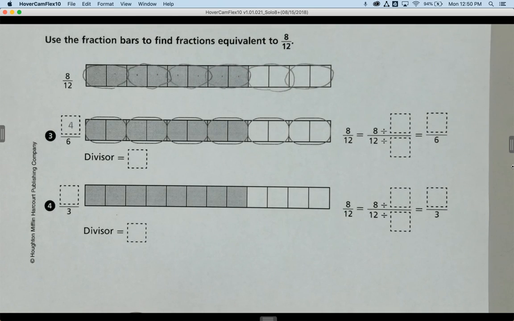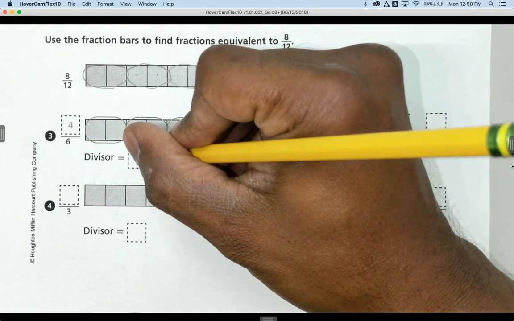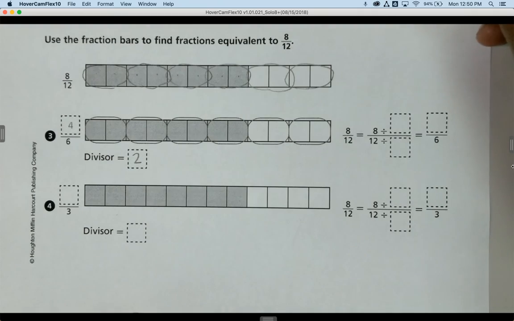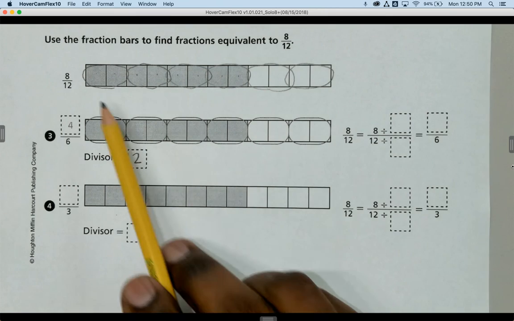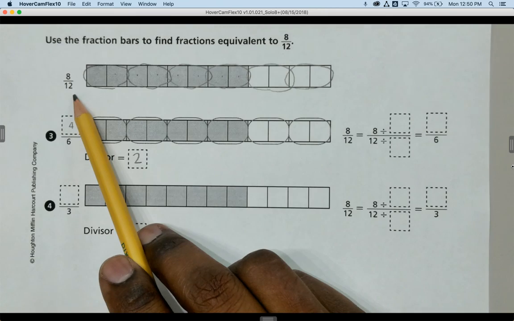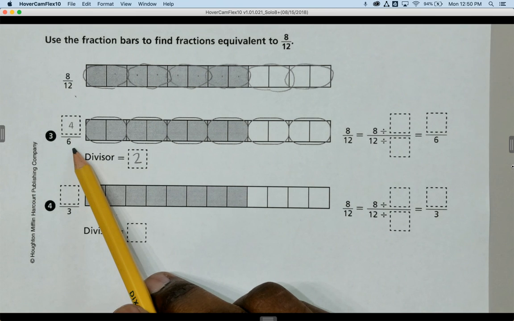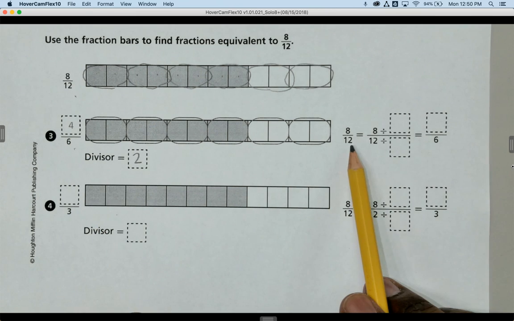Using a divisor of 2, we can show that 8/12 is equivalent or equal to 4/6, because what we do to the top, we do to the bottom.